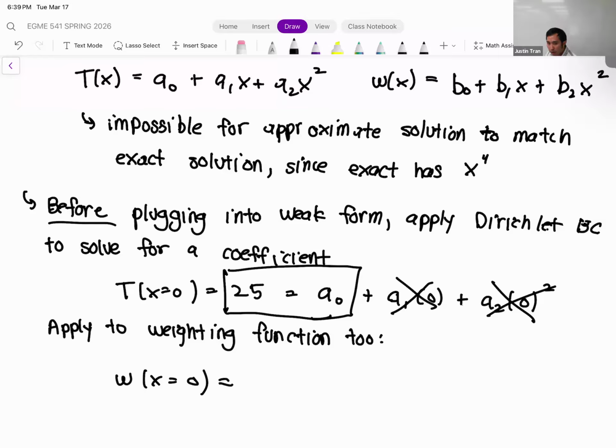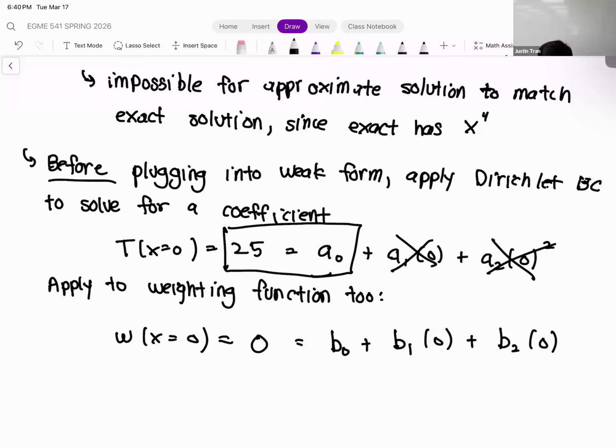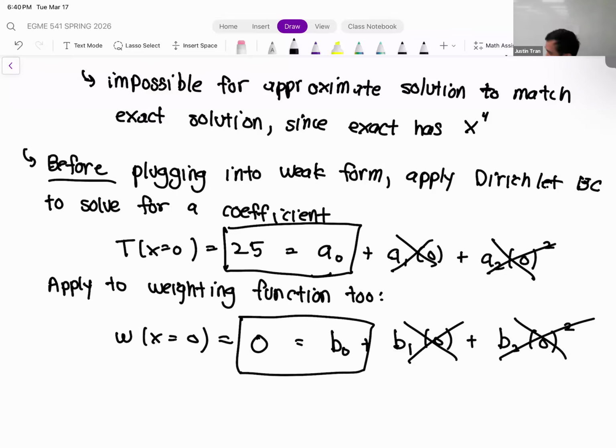That means w at x equals 0 is going to equal 0. So let's plug in our coefficients: b0 plus b1 times 0 plus b2 times 0 squared. Everything multiplied by 0 is still going to go away, and what we get from this is 0 is equal to b0.